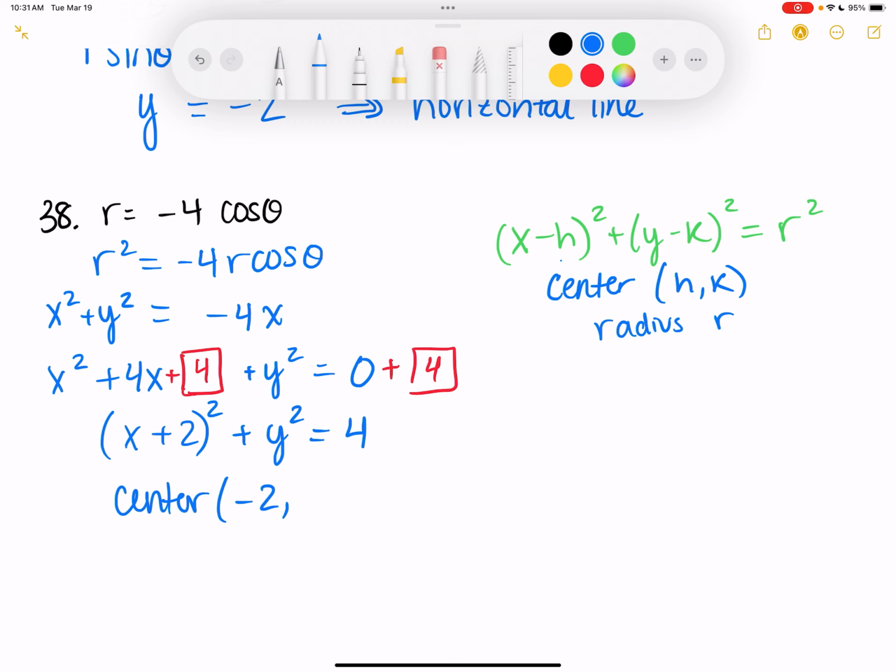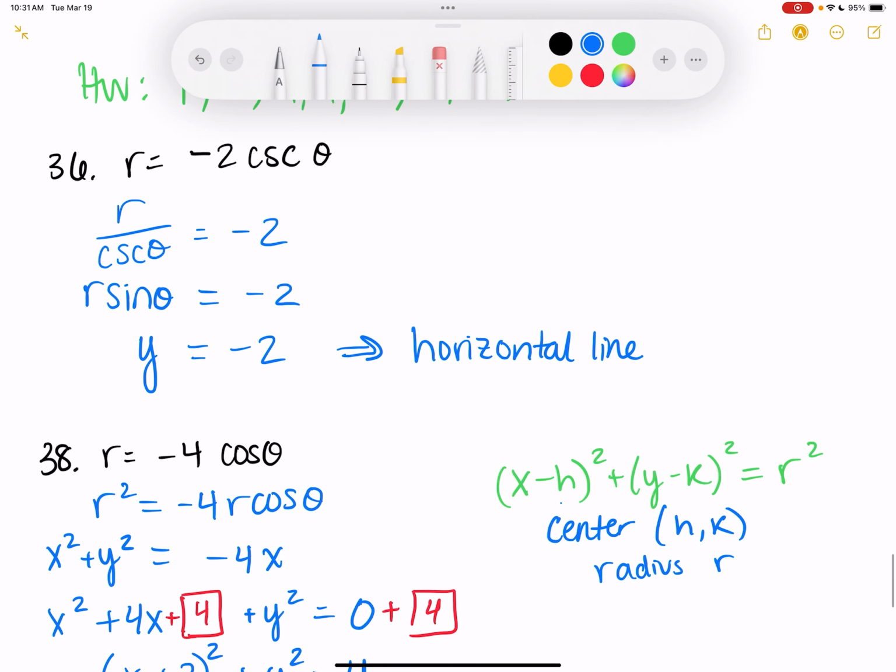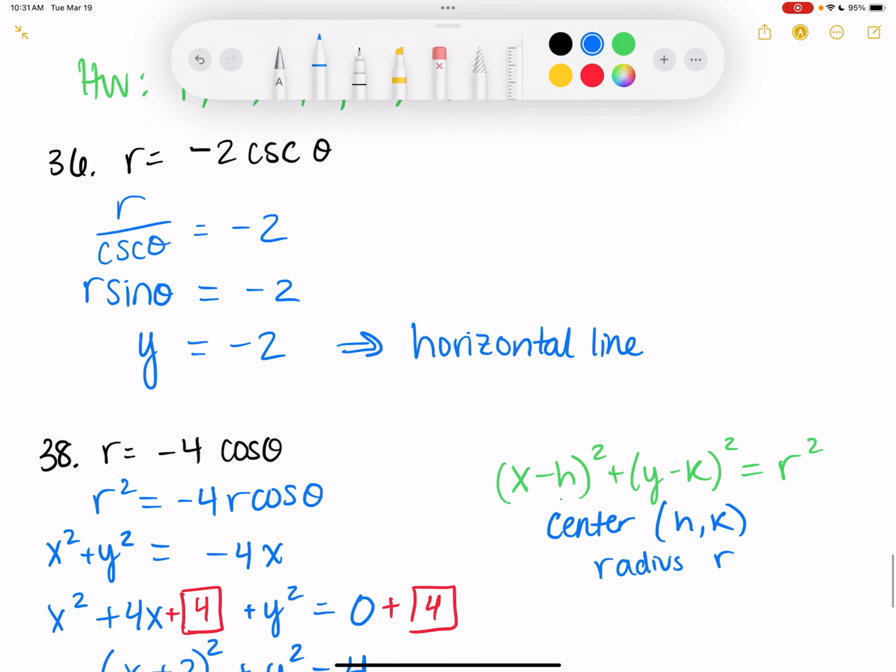There's nothing with y, so that's just at 0. With a radius of 2. Okay, because it's the square root of this number. So, same instructions, but a little more complicated than 36, right?